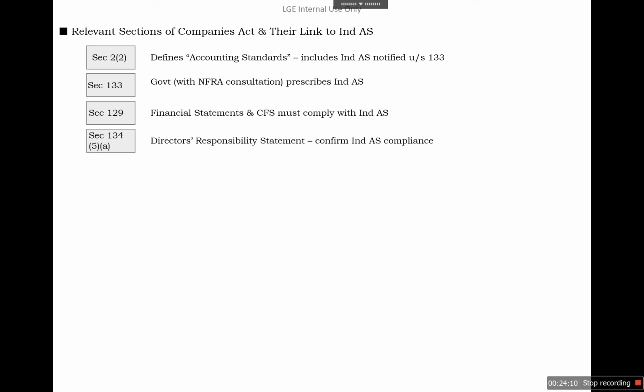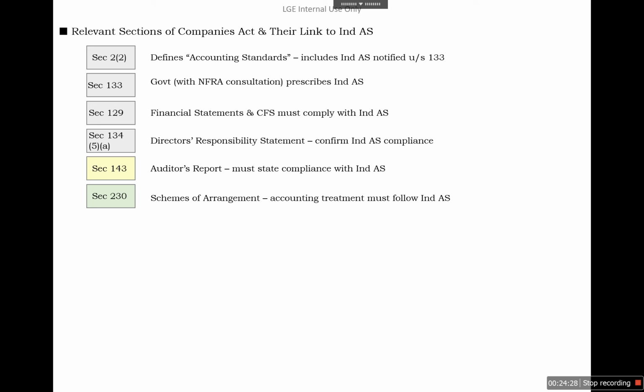Section 134 includes the director's responsibility statement that financial statements are in conformity with Ind AS. Section 143 talks about the auditor's report, which must state compliance with Ind AS. Section 230 talks about schemes of arrangement, where accounting treatment must follow Ind AS. And section 66 talks about where a company applies for the reduction of share capital, an auditor's certificate of Ind AS compliance should be there.